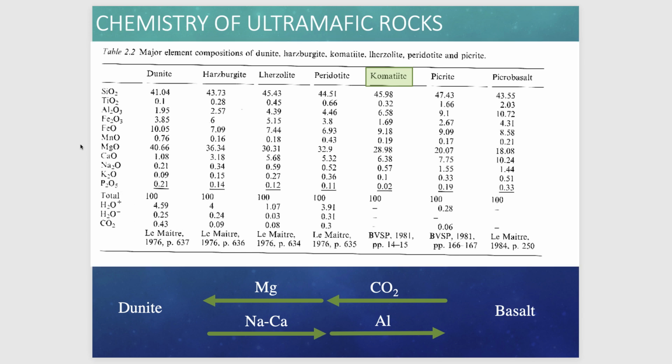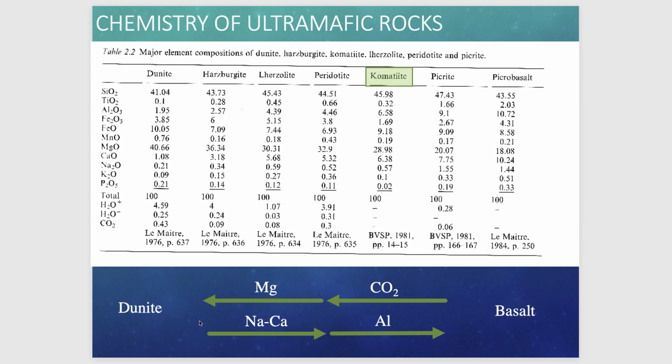So definitely alkalinity, silica content, and magnesium content are the key ingredients, I think, to differentiate the different types of ultramafic rocks. We will see some examples of these rocks now to clarify their macroscopic distinctions.